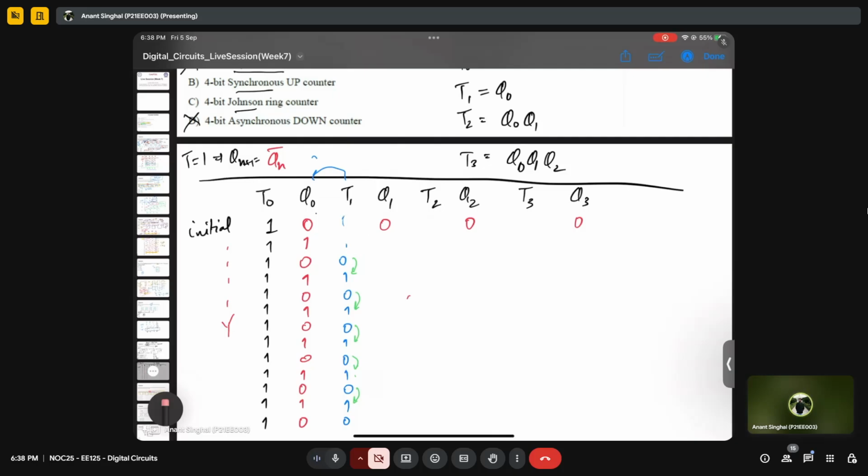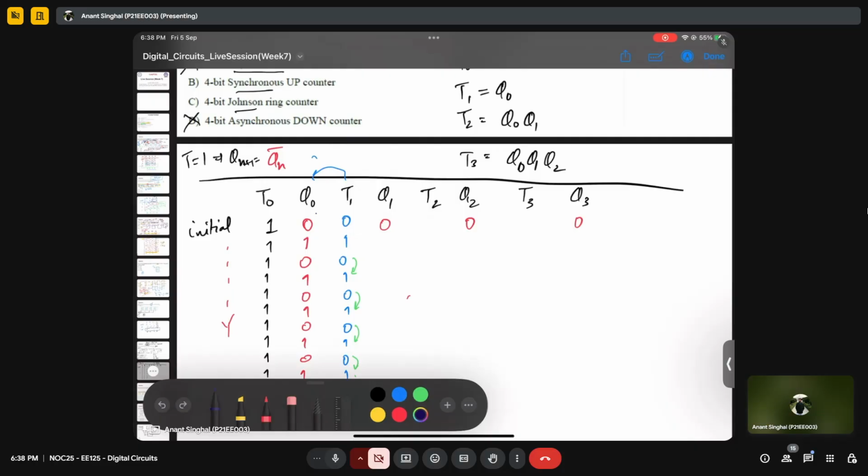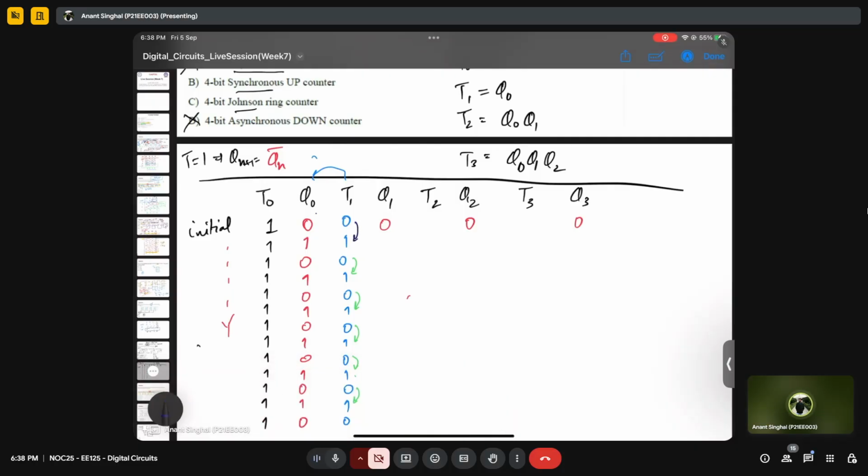Since you can see here is a toggling of 0 to 1. So what will happen? Wait, so Q1 is 0 when T is 1. Okay, let me think.